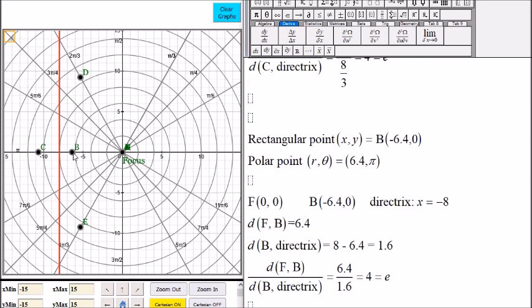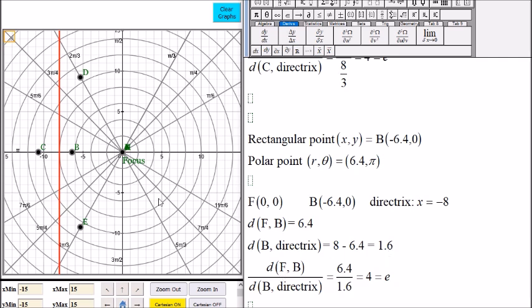And now look at this point B, which has the coordinates of negative 6.4 and 0. Therefore, the distance from B to F will be 6.4. The distance from F to the directrix is 8. The distance from F to B is 6.4. Therefore, the distance from B to the directrix will be 8 minus 6.4, which is 1.6.